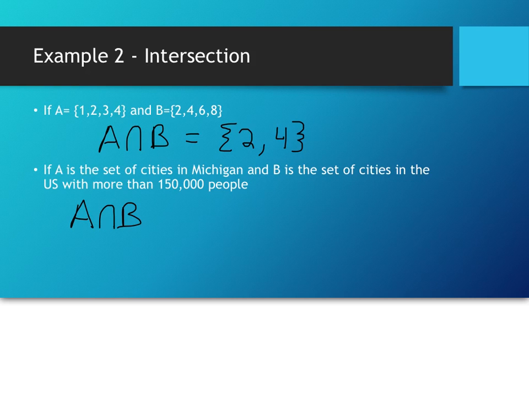Well, since we want things from A, all of the cities that we pick have to be in Michigan. And since we're talking about intersecting with B, what we're looking at is all the cities in Michigan which have more than 150,000 people. And by the way, in that set, if you look it up, at least on the last census data, the two cities in Michigan are Grand Rapids and Detroit.